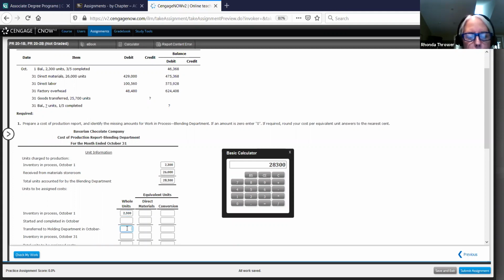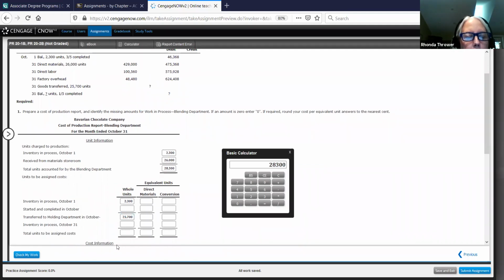So if you put 25,700 in here, this is some information that you are given. So put your given information in first. This is just a suggestion as to how you can figure out the information that is in the blanks that are not given. We're going to work backwards at it, in other words.